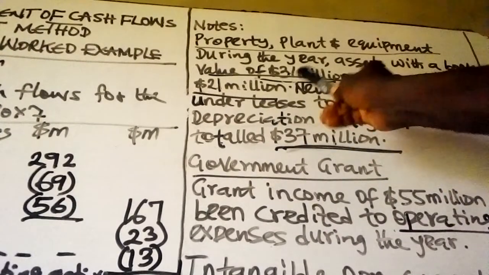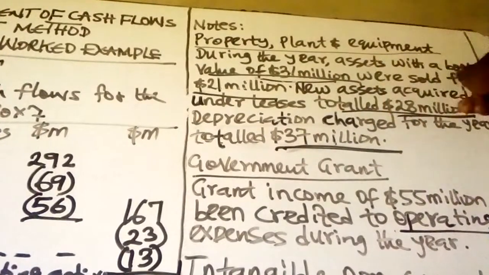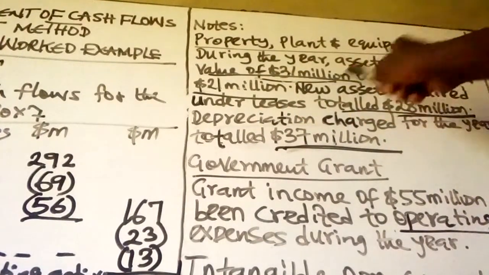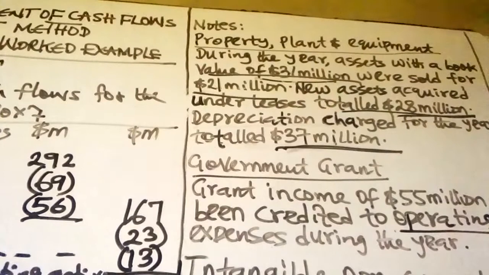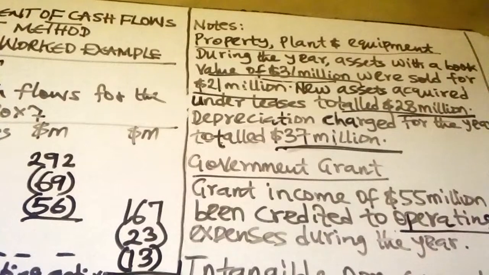So the PPE were sold for 21 million. During the year, an asset with book value of $31 million was sold for 21 million. So that means that 21 million is the proceed. So when a PPE is sold, more cash will be received. That means the cash position of the entity will increase. So that is why we are treating that 21 million as an inflow.